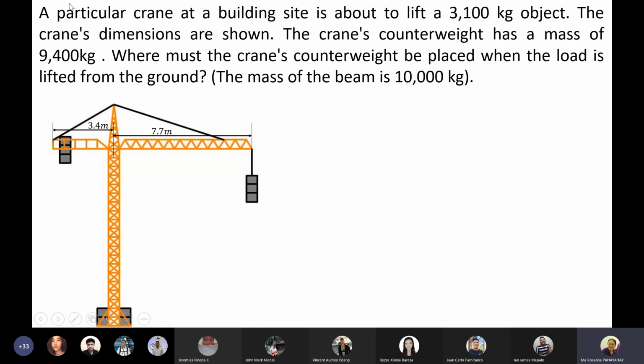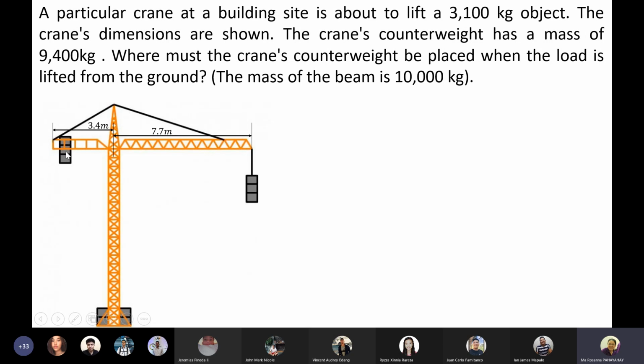So for example, this is the problem. The crane's counterweight mass is 9,400 kilogram. Where should the counterweight be placed when the load is lifted from the ground? And the load that you're going to lift is 3,100 kilogram, which is this. This is what you will lift, this is the length of your jib, and this is your counterweight.